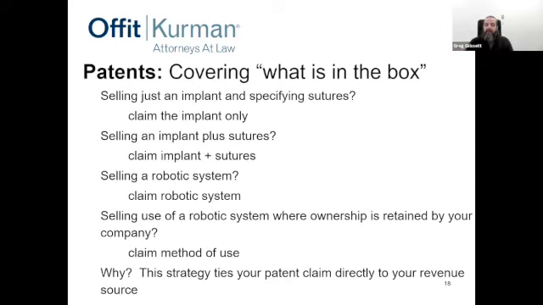Now, if we fast forward a bit and we're in patent litigation and we've established infringement and our patent's valid, we get to the damages phase. And there's a lot of effort that goes into mapping what products are actually covered by your patent claims as a way to determine some of the damages base.